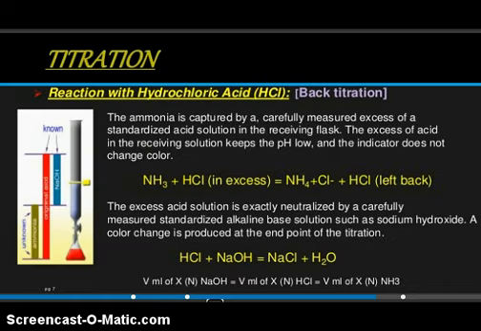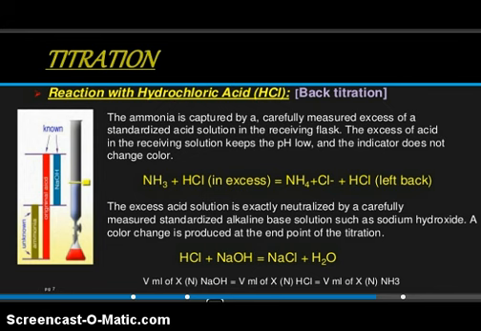So friends, what is the titration? The reaction with hydrochloric acid, back titration. The ammonia is captured by a carefully measured excess of standardized acid solution in the receiving flask. The excess acid in the receiving solution keeps the pH low and the indicator does not change color. NH3 plus excess HCl gives NH4+ Cl- and leftover HCl.